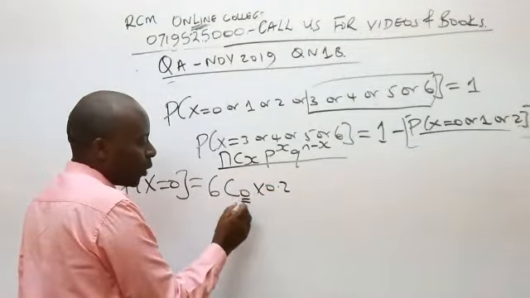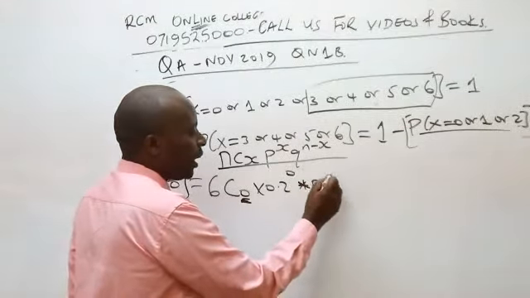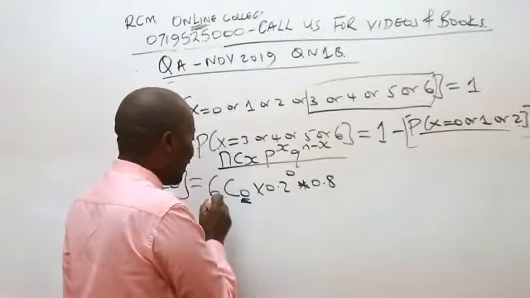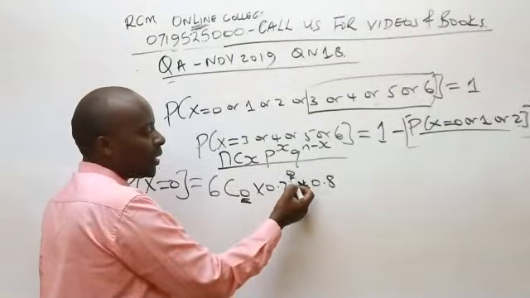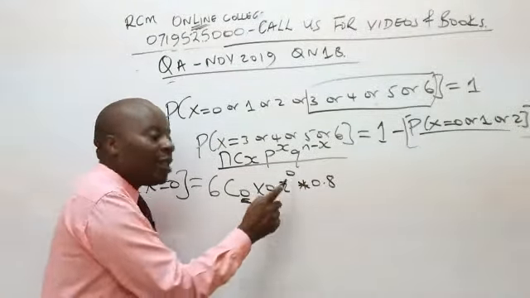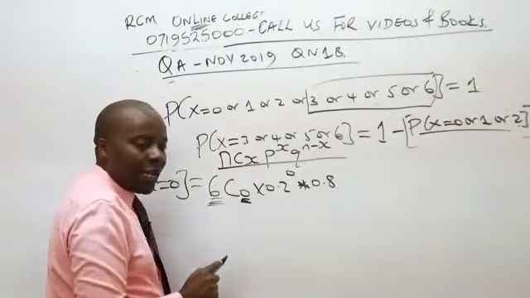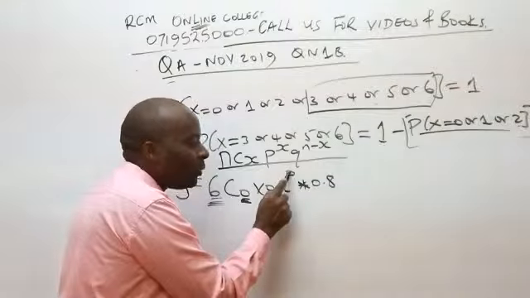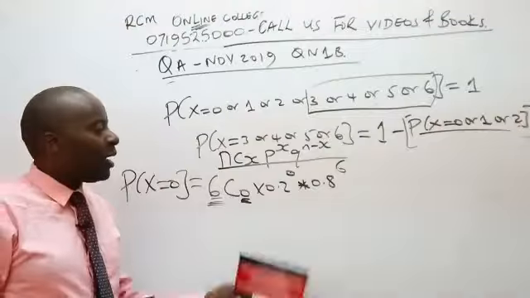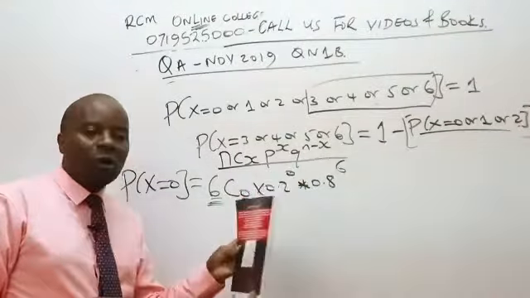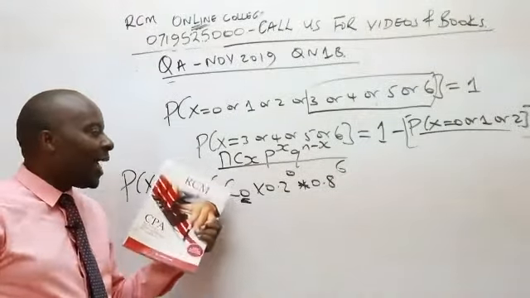So 0.2 raised to this X, which is 0, times Q is 0.8. 0.8 raised to n minus X, so it is 6 minus our X here. Remember that these two powers must always add up to what here? To this n. So once you give me one of the powers, then the other power, I'll easily get it there as a balancing figure. After all, we are saying that the two powers must always add up to n.